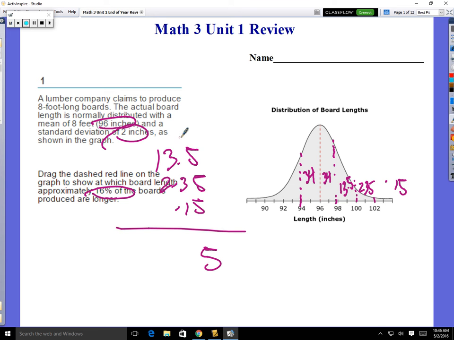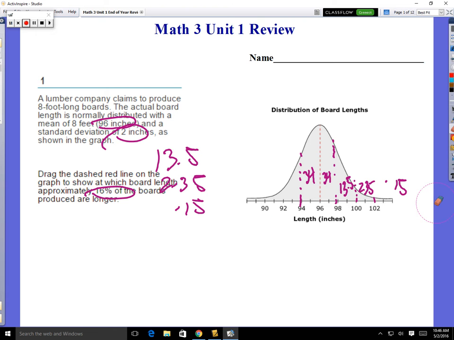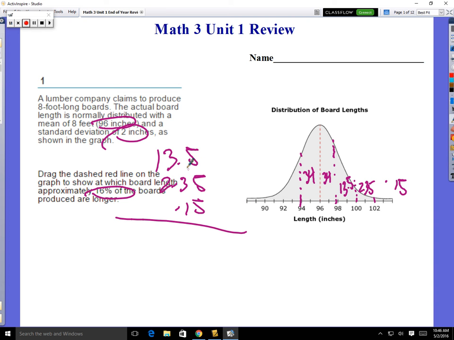5, 10, 15, oh, hold on, that's not right. You're going to get 16. So where's the decimal?